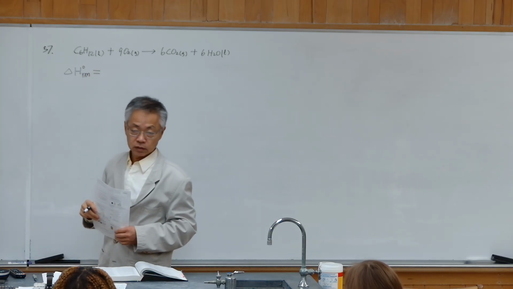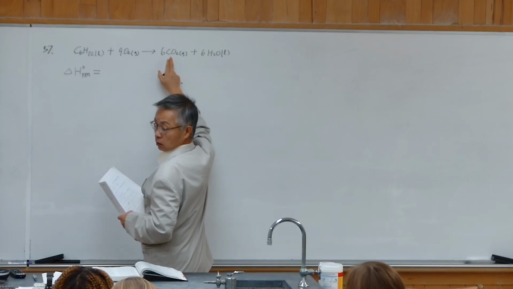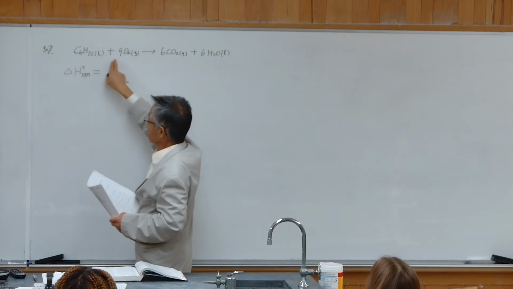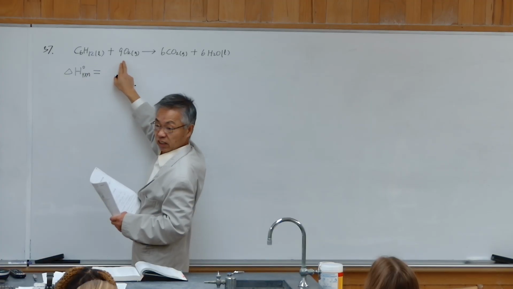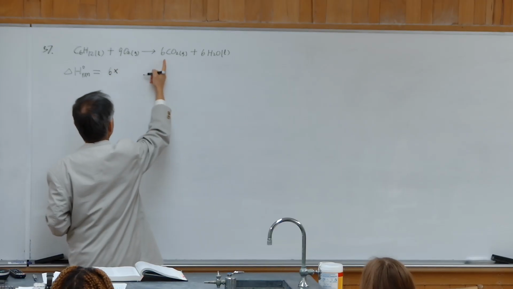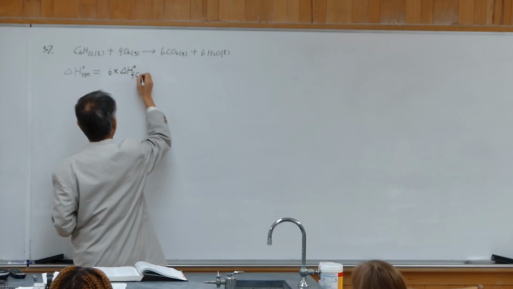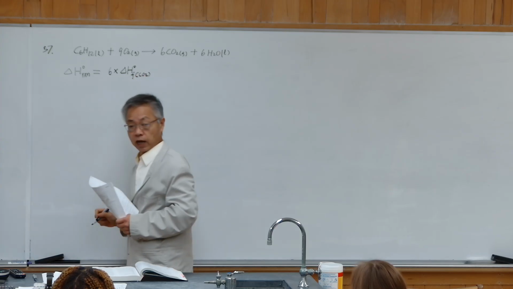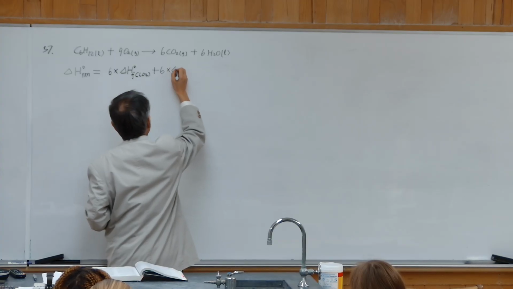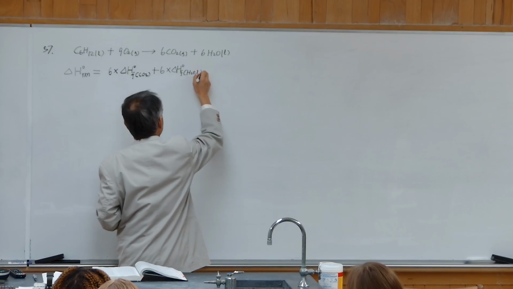The general formula is the total standard enthalpy of formation of products minus the total standard enthalpy of formation of reactants. So for products you have 6 moles of carbon dioxide, 6 times the standard enthalpy of formation of carbon dioxide, plus 6 times the standard enthalpy of formation of liquid water.